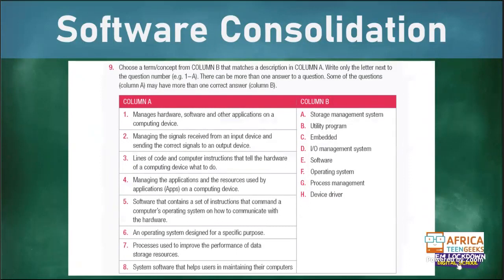And then number 3, lines of code and computer instructions that tell the hardware of a computing device what to do. What is it called? That's H, which is driver. Okay, let's go back again. Lines of code and computer instructions that tell the hardware of a computing device what to do.